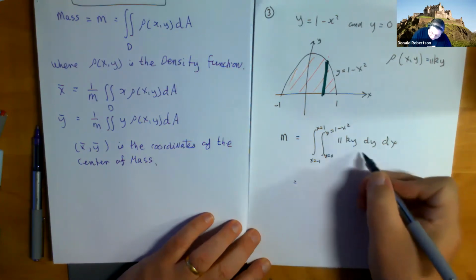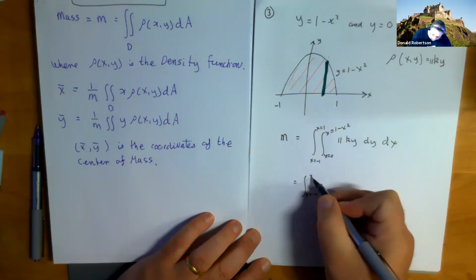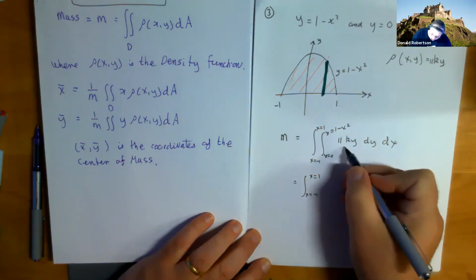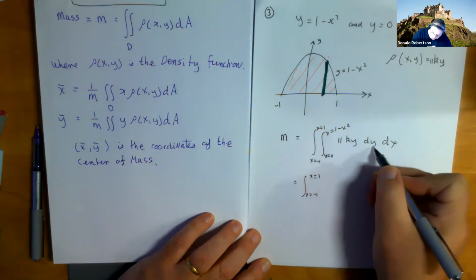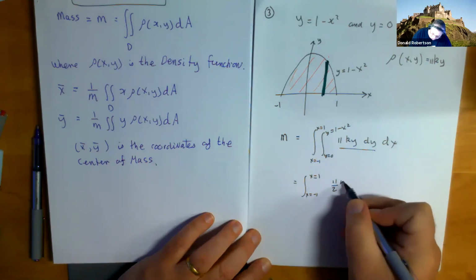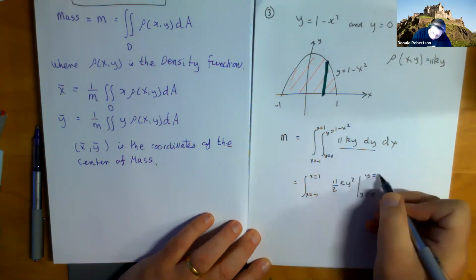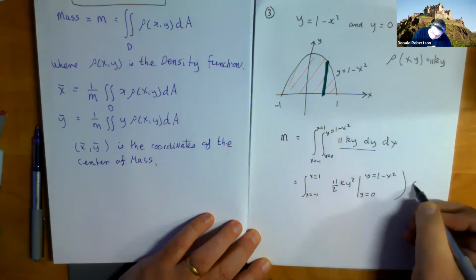Not a difficult fella to do, so let's find out what we have here. -1 to x equals 1, 11ky with respect to y. Well, that's going to get me 11 halves ky squared, evaluated at 0 and at 1 minus x squared.